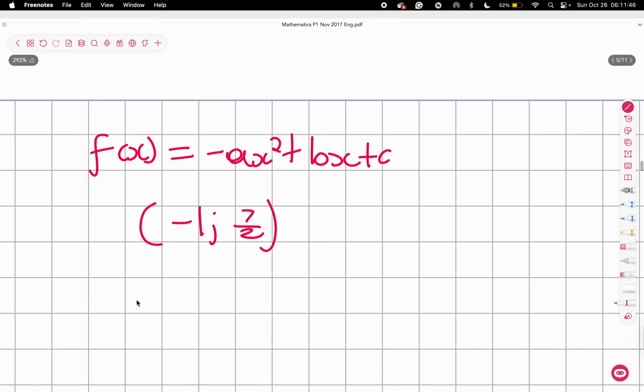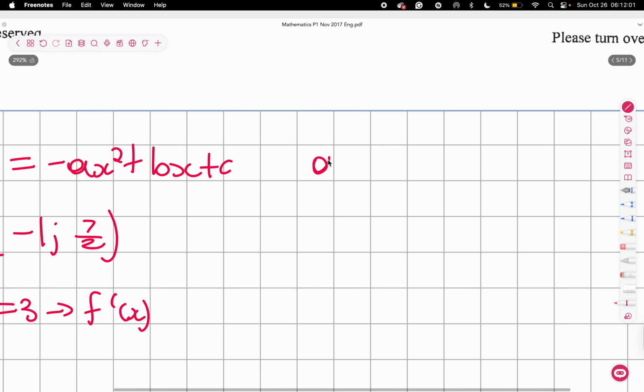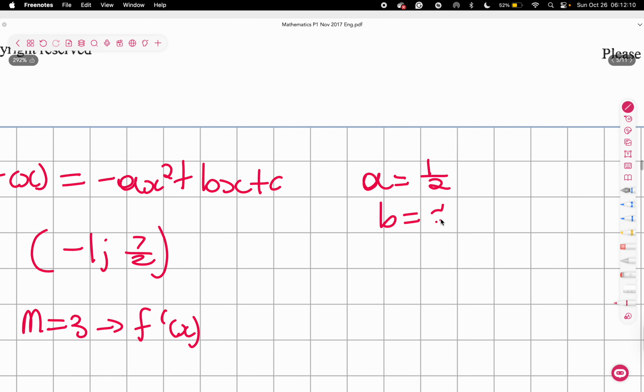And then you're given the gradient, which is m is equal to 3, but m is also f prime of x is equal to 3, and we need to show that a is equal to 1 over 2 and b is equal to 2.